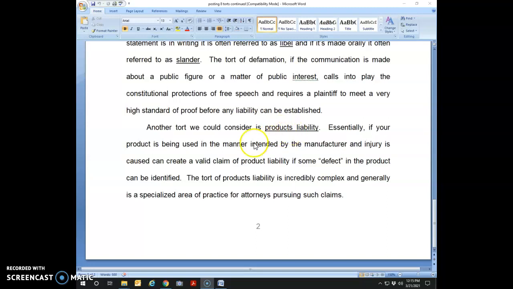But in any event, if a product is being used in the manner intended by the manufacturer, so I'm mowing my small lawn, and the use of the product creates an injury, we could arguably have a claim for product liability if we could establish that there was some defect in the product that caused the harm without having to establish that the defect itself was brought about by negligence.